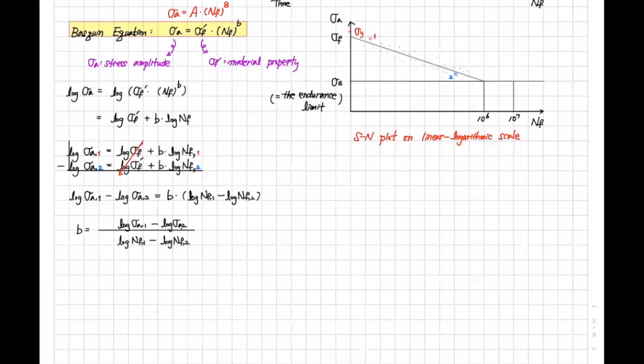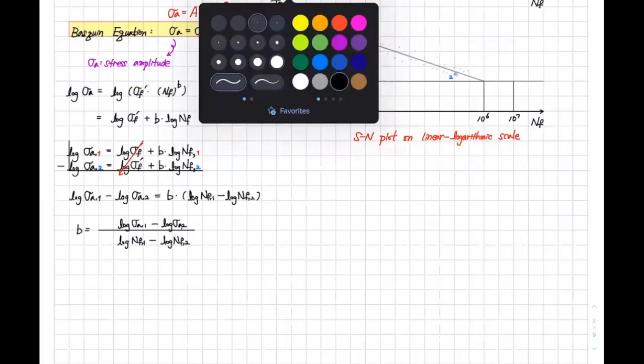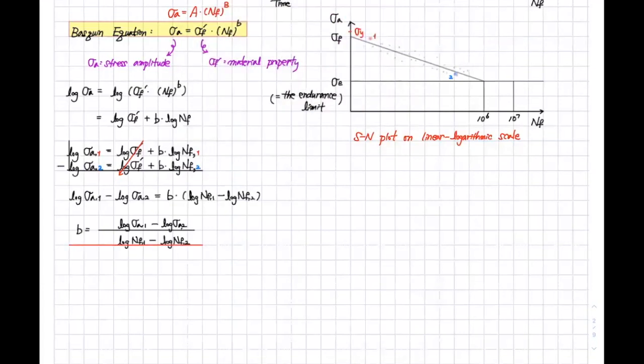Super easy. This is the first equation or derivation that you have to start with to solve the S-N curve problems, which is B.